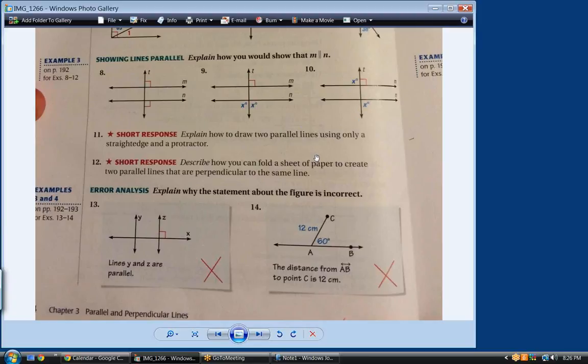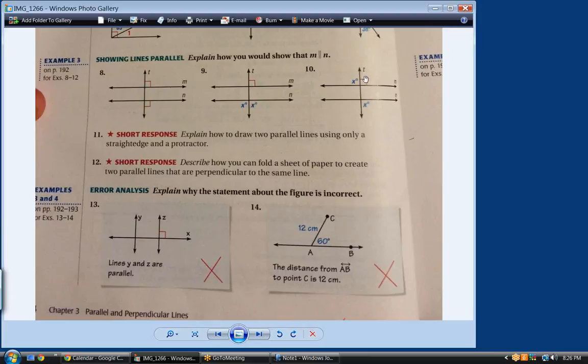Alright, so number 10 would also be 90. Because, since... I don't even care about that there. I don't even need to know that. If X is equal to X, that's angle 1, that's angle 8, right? So if those are equal to one another, then line M is parallel to line N. And like I said, we don't need that piece of information.